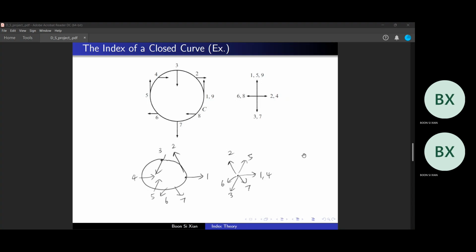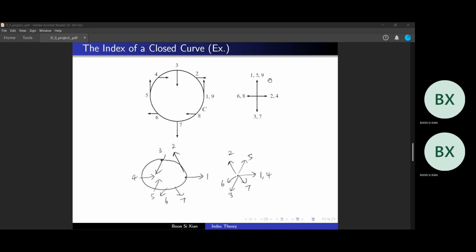Next, we look at points 1, 2, 3, and then 4, 5, 6, 7, 8, 9. From 1, 2 to 3 is clockwise, so we get negative pi. And then from 3, 4, 5, 6, 7, we get one rotation, which is 2 pi.